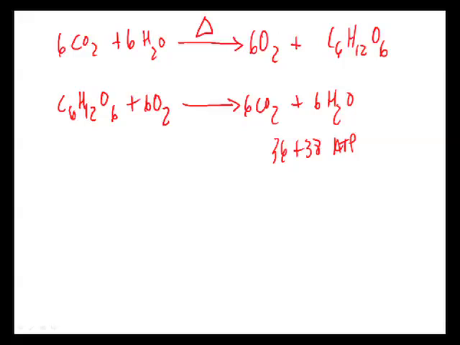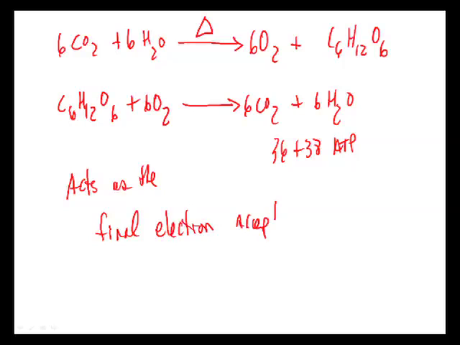That oxygen is used to break down the glucose. In fact, and we'll get to this later, oxygen acts as the final electron acceptor in the electron transport chain. We will see exactly where oxygen is used.